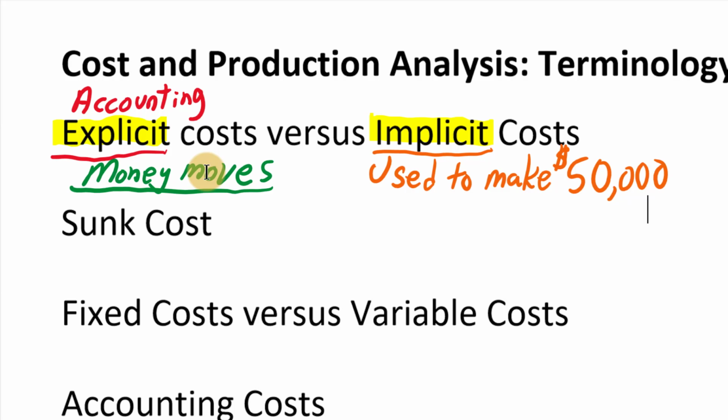So this is a kind of thing that an economist would normally think about as an opportunity cost. You gave up the opportunity to make the $50,000 so that you could start this business. As we'll talk about in a second, opportunity costs aren't really that limited. Another example of an implicit cost would be, okay, what if your grandfather died and left you the family farm?